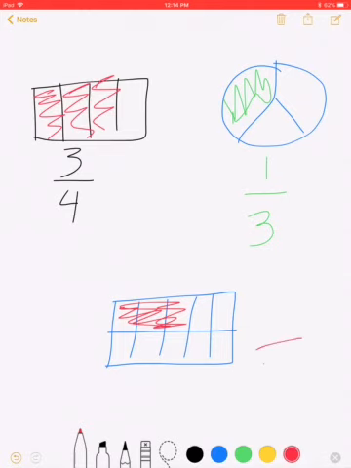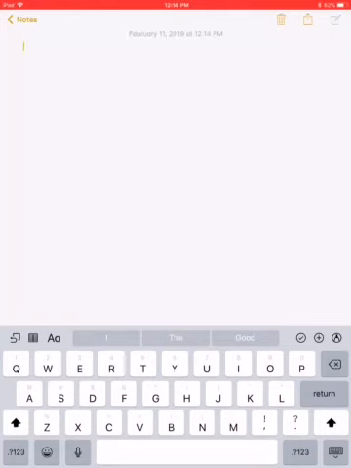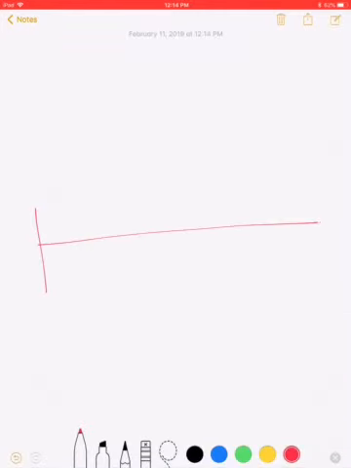Okay, I have 10 total parts. I have 3 parts shaded. So we would say all of these fractions here are less than 1. So if they were on a number line, they would fall in between 0 and 1. All of those fractions are less than 1.